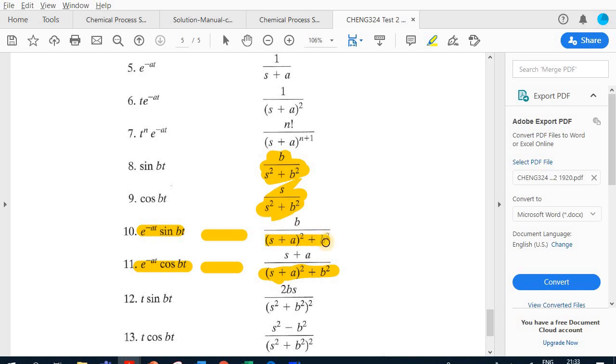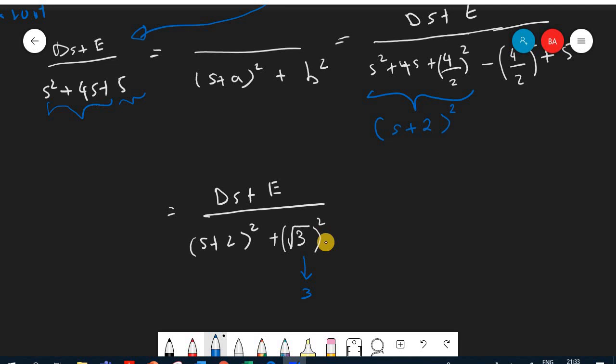Okay, so let's consider that I need to have s plus a. I don't know what d and e are, so we are a bit stuck here, and it's difficult to find the answer that we need here.